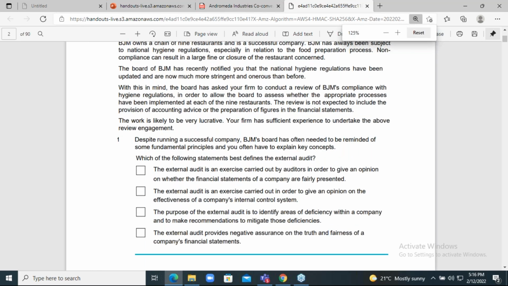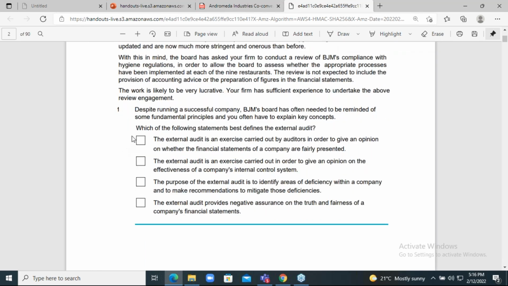This first question is a very easy question, but you will see that there are some tricks. So can you give me the answer? Which is the right answer? Option A, option B, option C, or option D? Dear students, which option is correct?